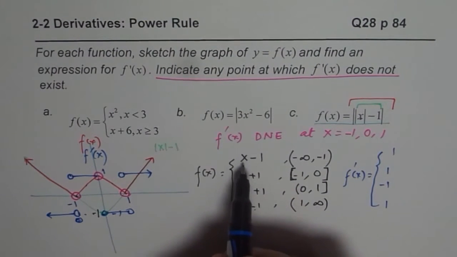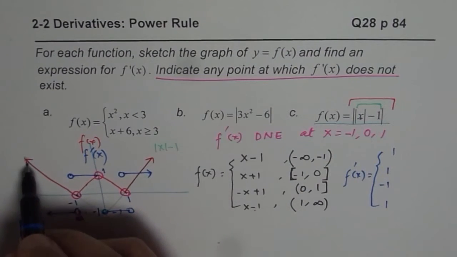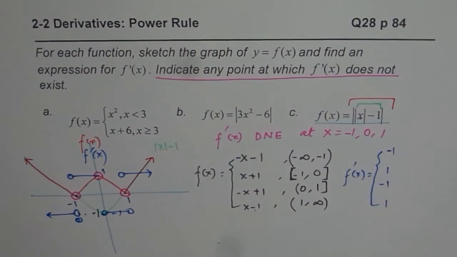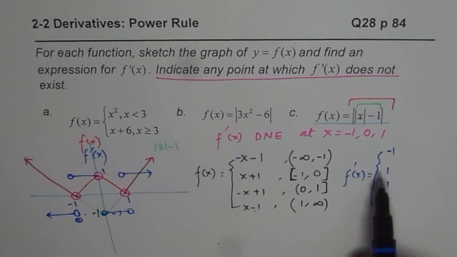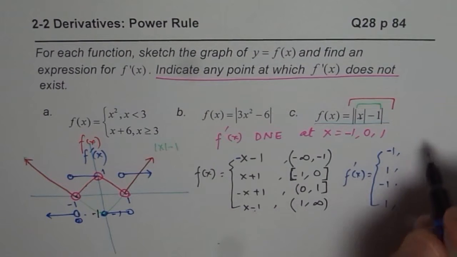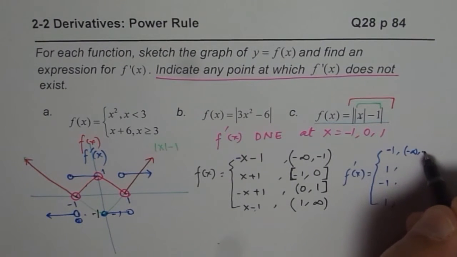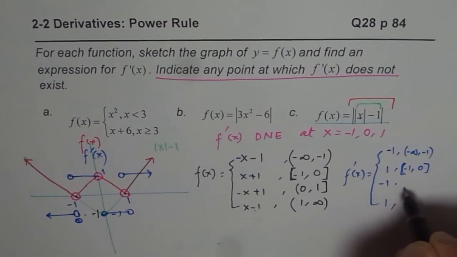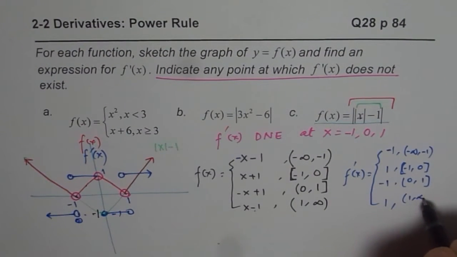I made a mistake here. The first part will be minus x. The slope is negative here, so this derivative is minus 1. That is how the derivative is going to be in different intervals. Let me write this as from minus infinity to minus 1, minus 1 to 0, including zero at this, 0 to 1, and from 1 to infinity, correct?